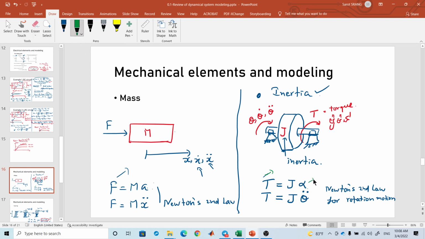Alpha is actually omega dot, the derivative of angular velocity, or you can say it is the second derivative of angle. The unit of angle is radian, so the angular acceleration has the unit of radian per second squared.